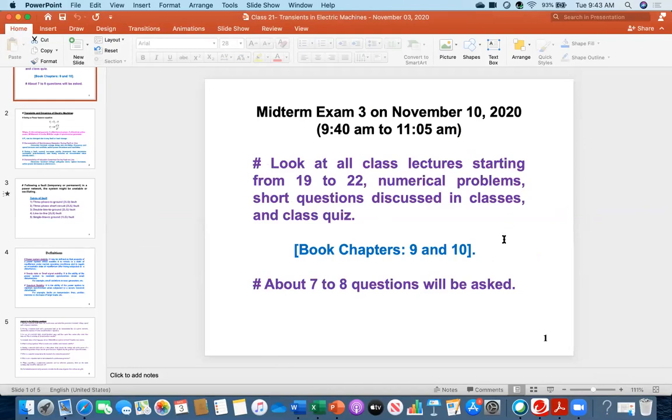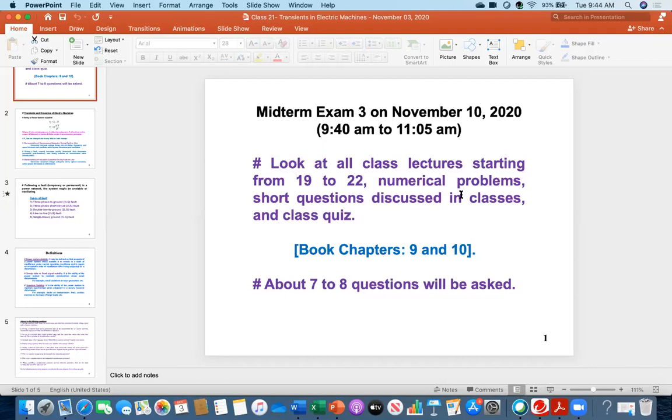As you can see, you will take midterm exam 3 next week, that is November 10th, coming Tuesday. And the syllabus is pretty short. You have to look at class lectures starting from 19 through 22. Today is 21, so 22 means the coming Thursday's class, day after tomorrow. So basically only 4 classes.